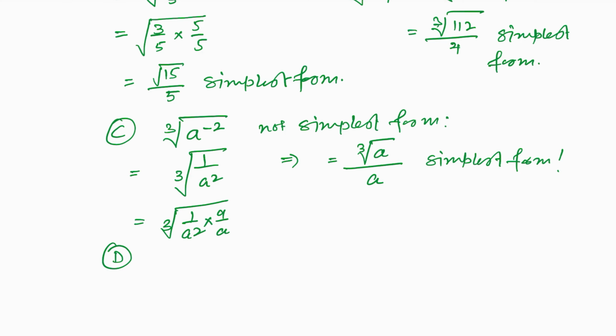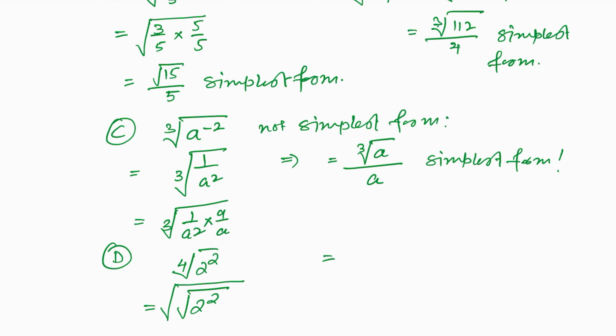So part D is the last form. The index of the radical must be as small as possible. For example, the fourth root of 2 to the power 2. Could I leave it here? No, you can't. Why? Because this can be written as a square root, so it's going to be 2 to the power 2, square root and square root again, because 1 over 4 is 1 over 2 times 1 over 2.